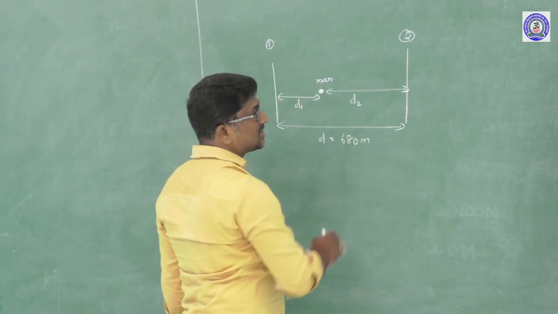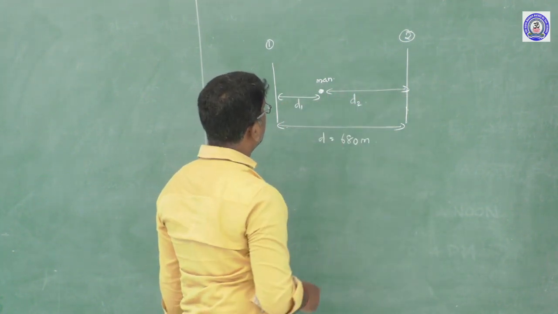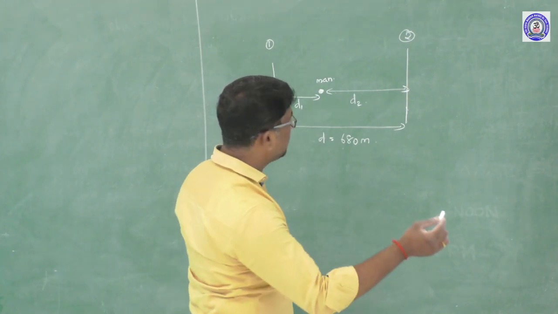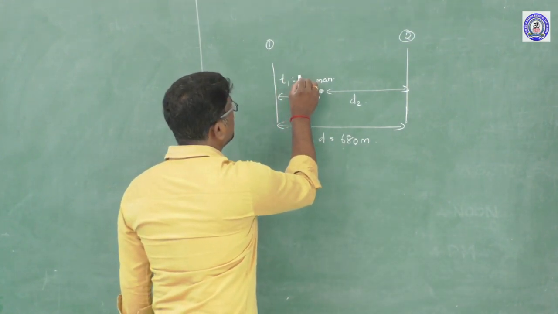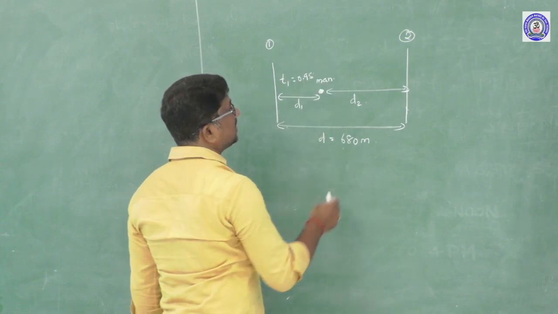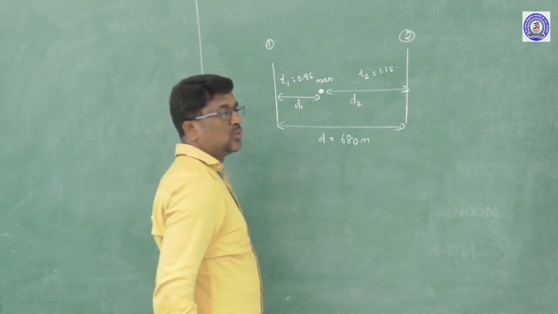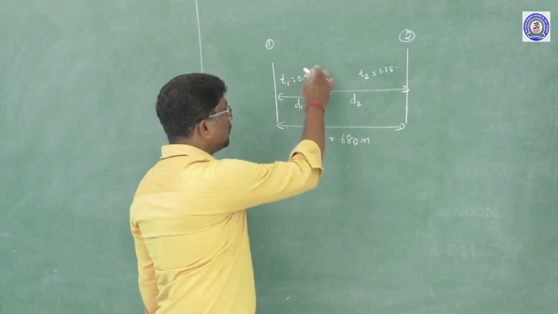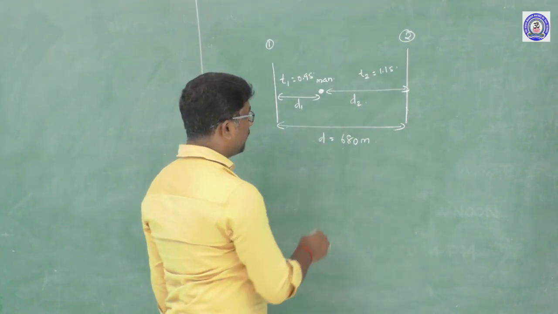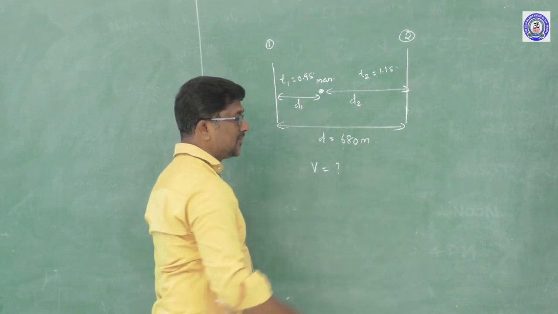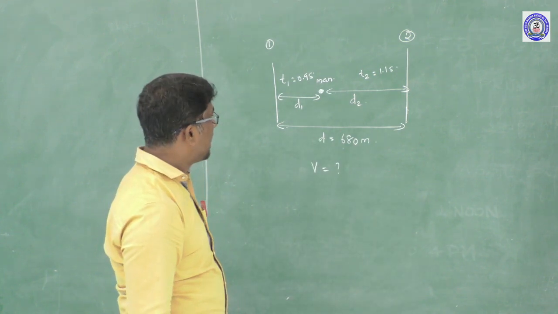The echo times reflected from the two walls are given: T1 is equal to 0.9 second, and T2 is equal to 1.1 second. From these given values, we need to calculate the velocity of sound in the air medium.